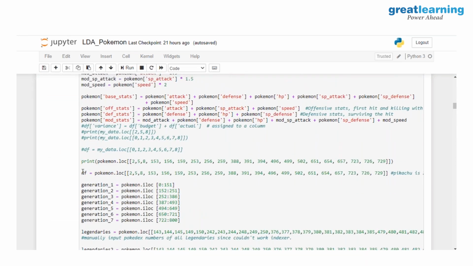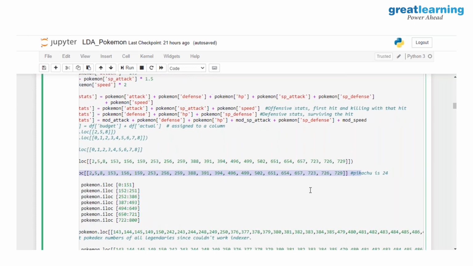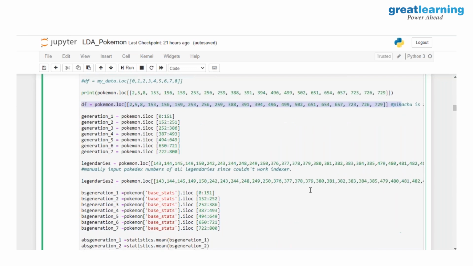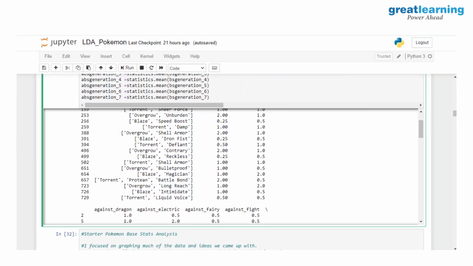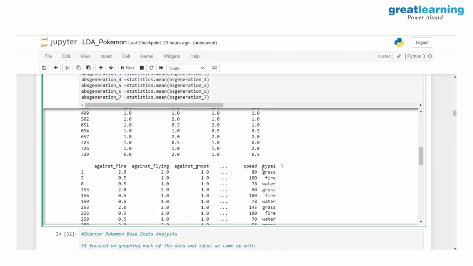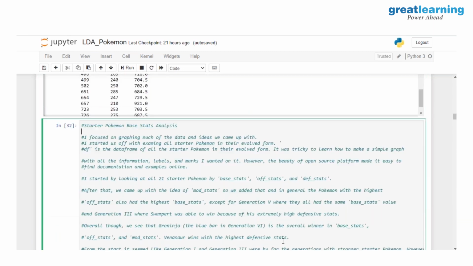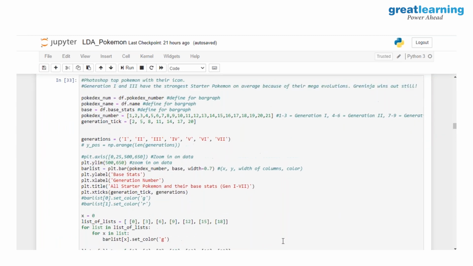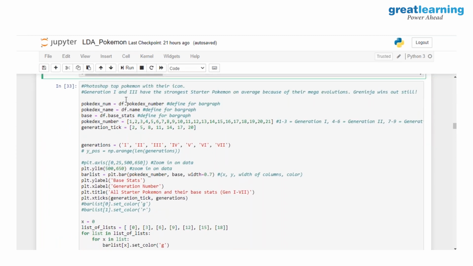Focus here, where we have the data frame created for the specific Pokemon that we are talking about. These are the specific ones that we listed. You can see these are the ones that we are talking about, and that's the data frame that we are now using.